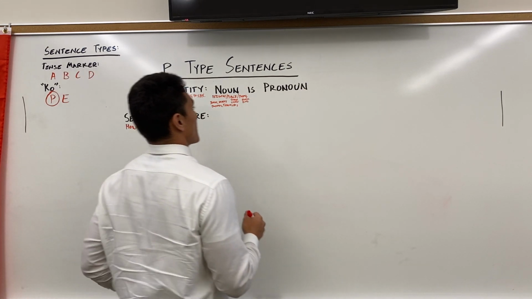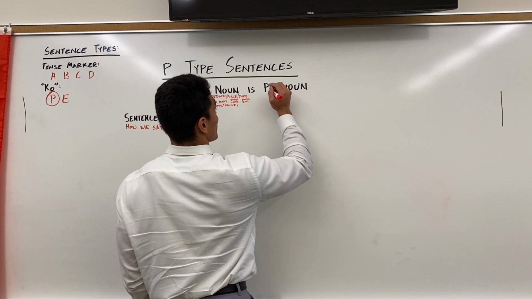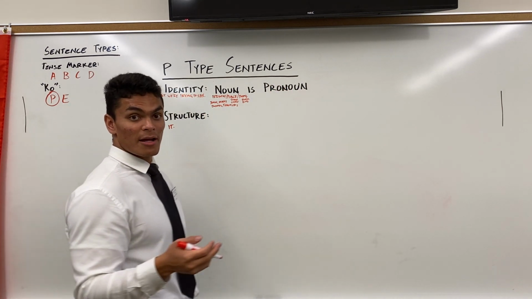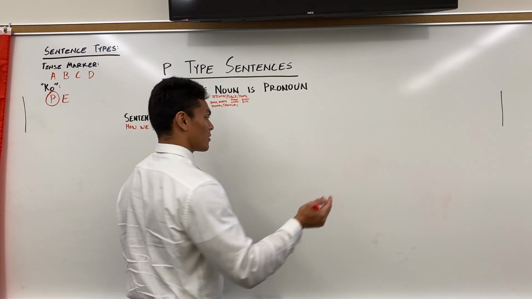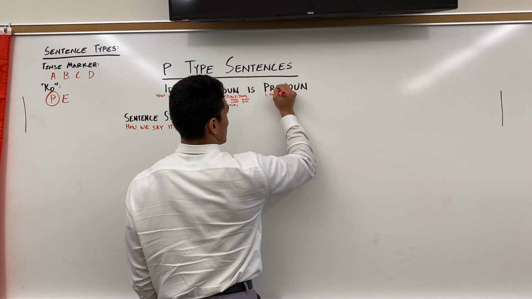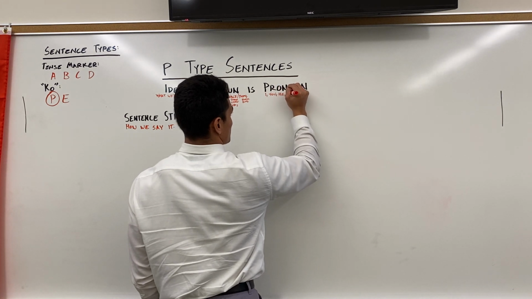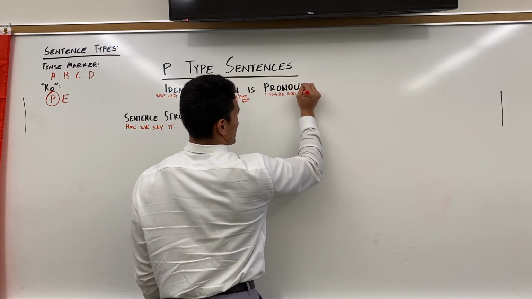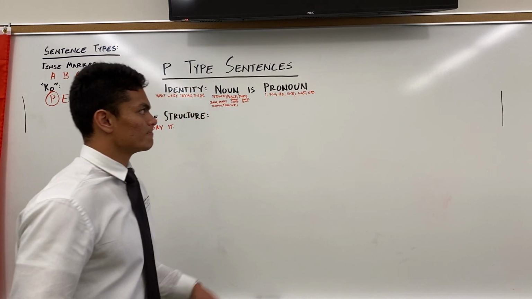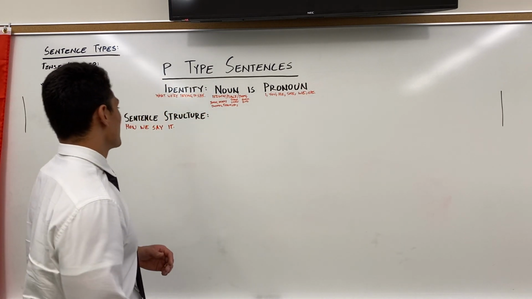Simple enough. Pronoun, we've talked about before. It's a little difficult for me to give you the exact definition of a pronoun, but I'd rather give you examples of a pronoun like we talked about before. So we have words like I, you, he, she, we, etc. That's a pronoun. We've talked about that before.